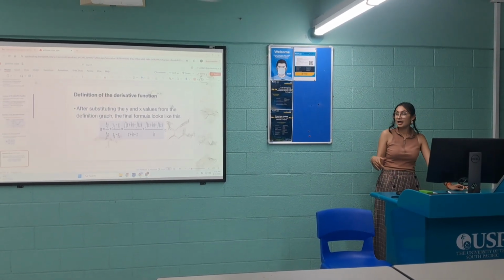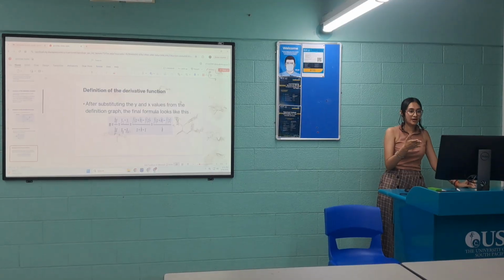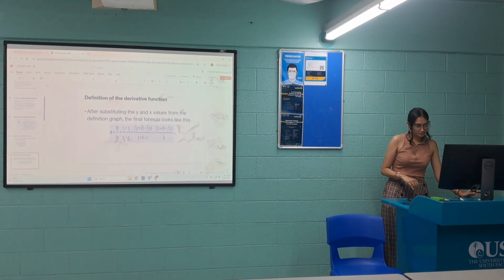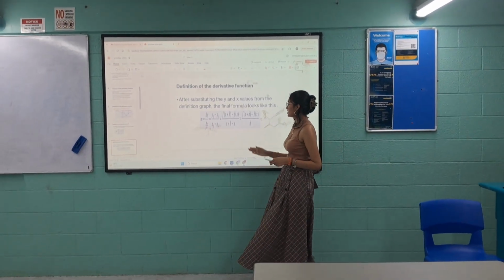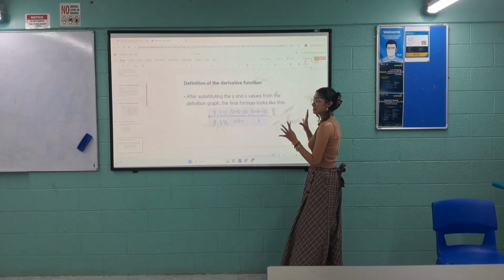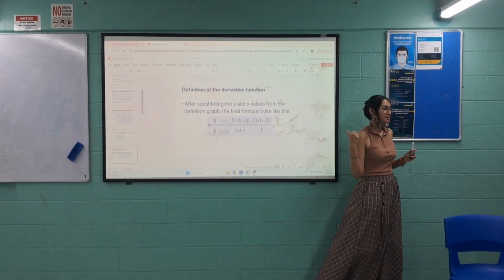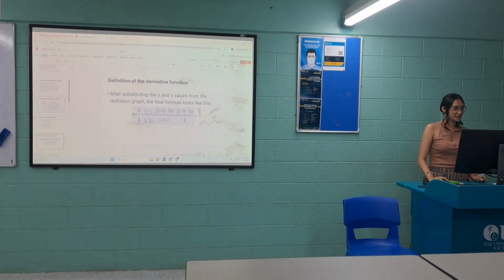After substituting the y and x values from the definition graph, the final formula looks like this. You must be wondering how this small formula suddenly became so big, right? For this, we took the x and y values from that definition graph.